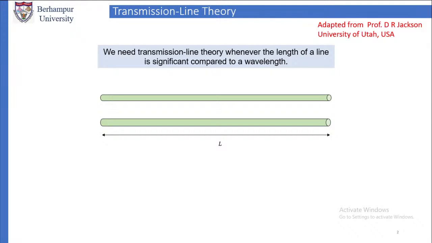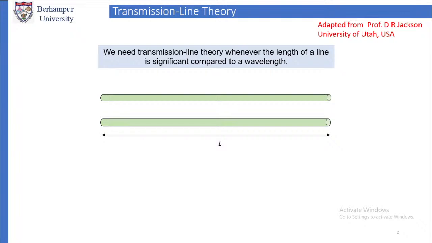So between you and your friend, if you want to communicate, if you are trying to send information to your friend who is at another end, then we use a transmission line, unless you are using a phone. Phone is a wireless device. Sorry, these mobile phones are wireless devices. But if you are using a wired device, then you are using a transmission line.